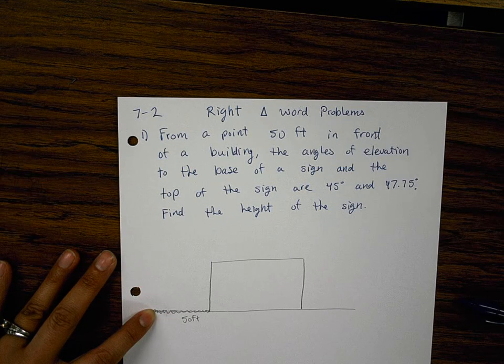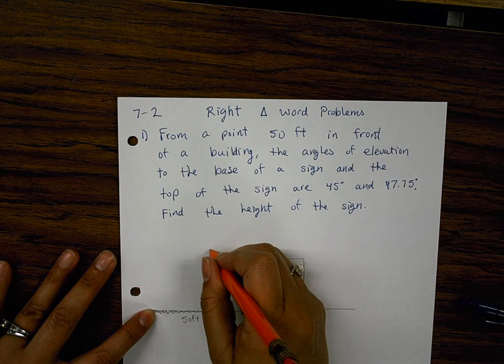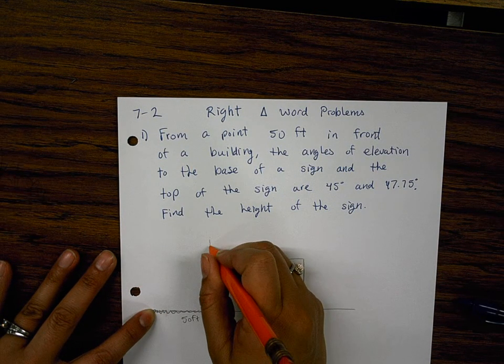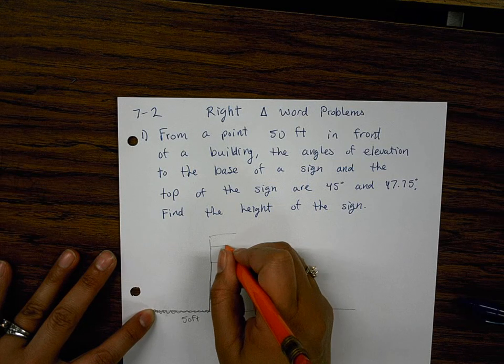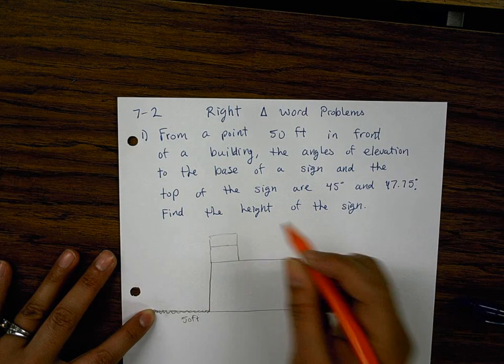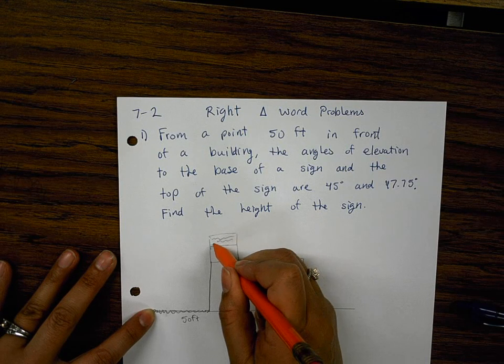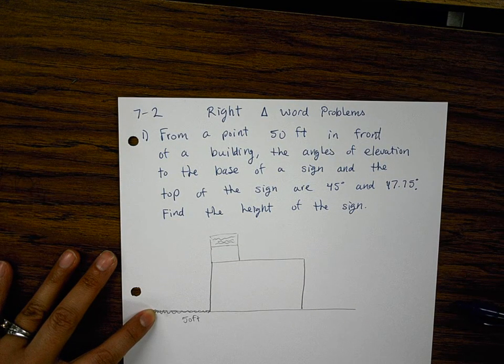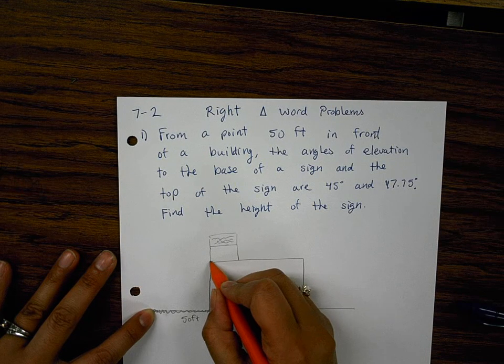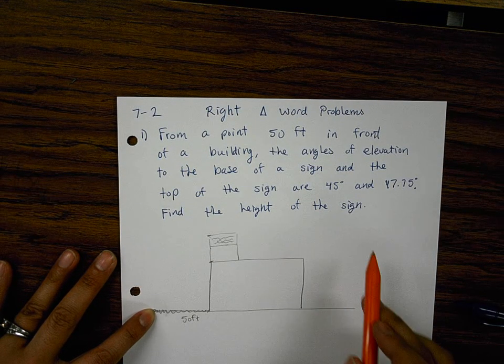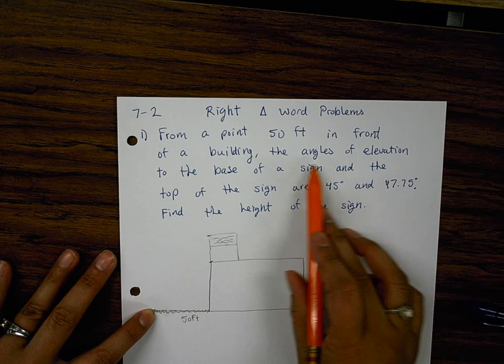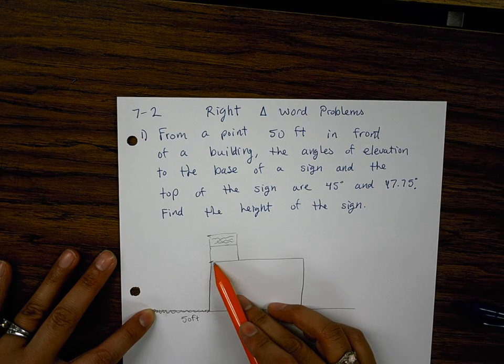The angles of elevation to the base of a sign and the top of the sign are 45 degrees and 47.75. So there is like this billboard type sign up on this building, advertising whatever it's advertising. Here's the base of the sign, here's the top of the sign.